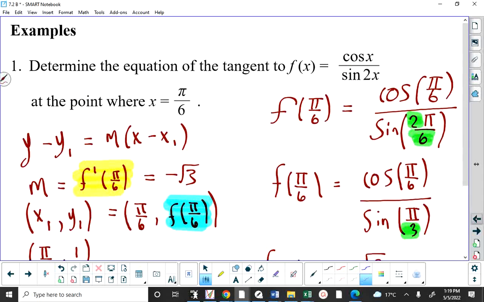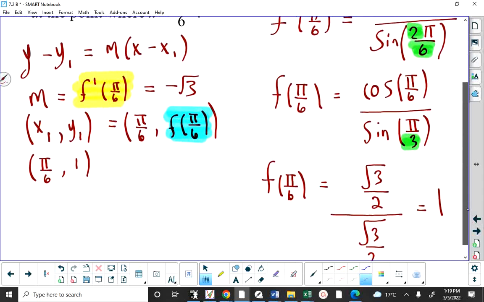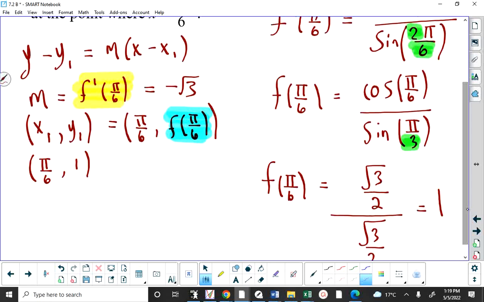Anyway, now that you have the slope and the point, you're going to put the slope and the point into y minus y1. So that will be y minus 1. y1 is 1. Equals the slope, negative root 3, times x minus x1, which is pi over 6.